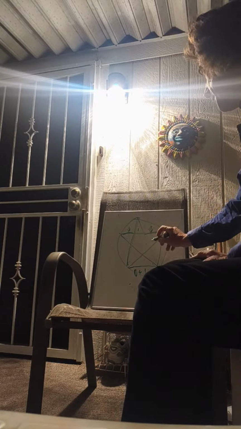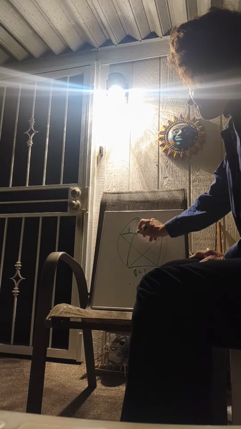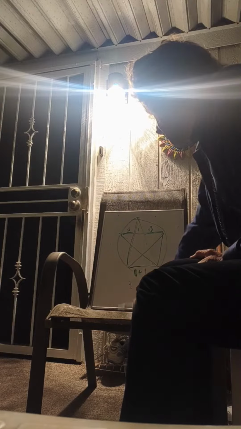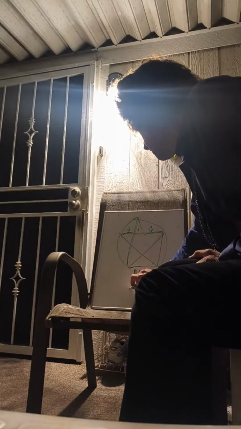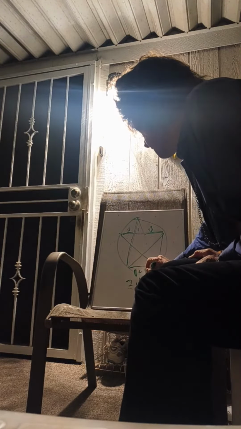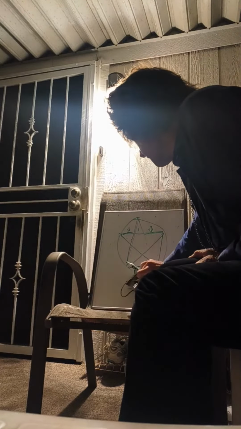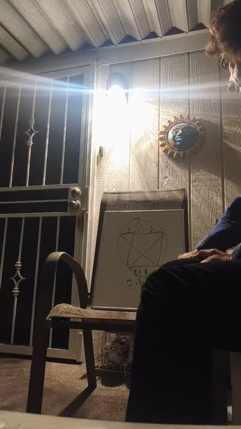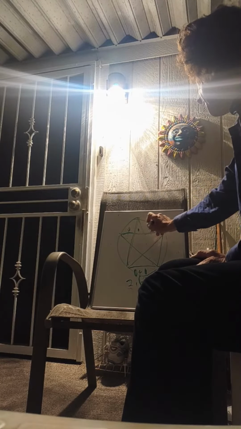So in a pentagram, if this inner part is 1, this part is phi, and this part is phi plus 1, which is 2.618033399. This length down here is 2.618033399.